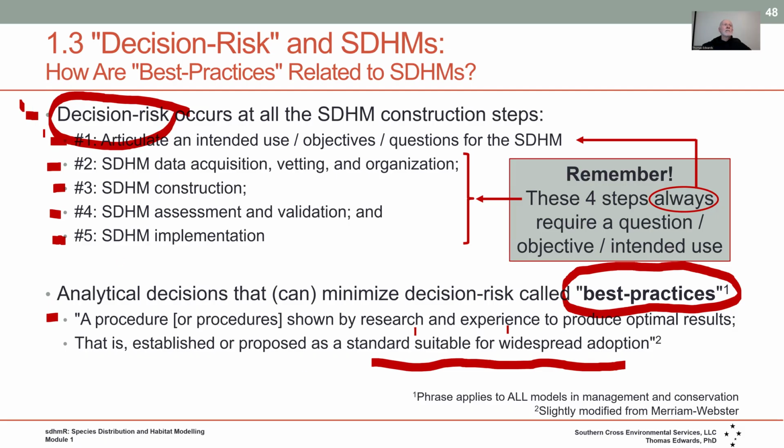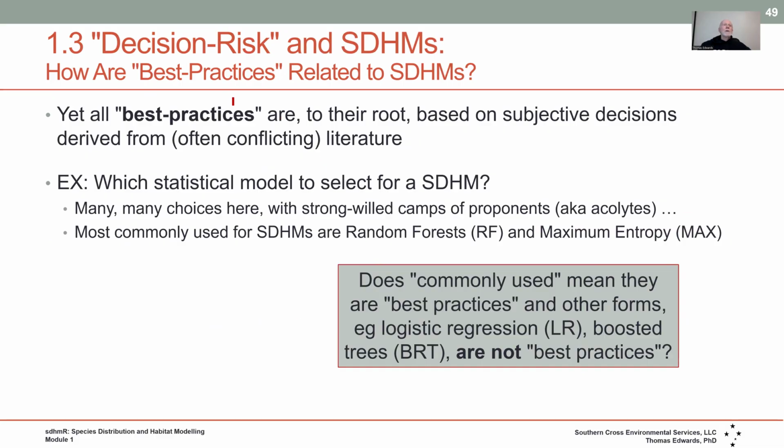And the argument in this course is that if you follow these steps, you will increase your likelihood of best practices right here. But it's important to note that best practices themselves are based on subjective decisions. Here's an example. Which statistical model should I use? Now, there are many, many choices.